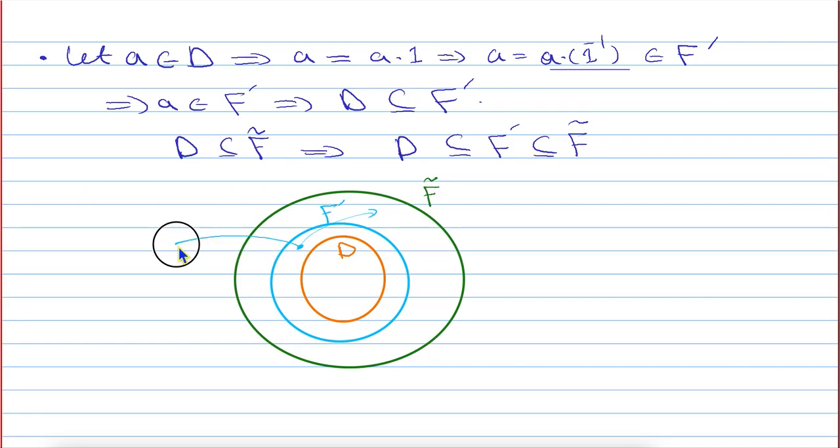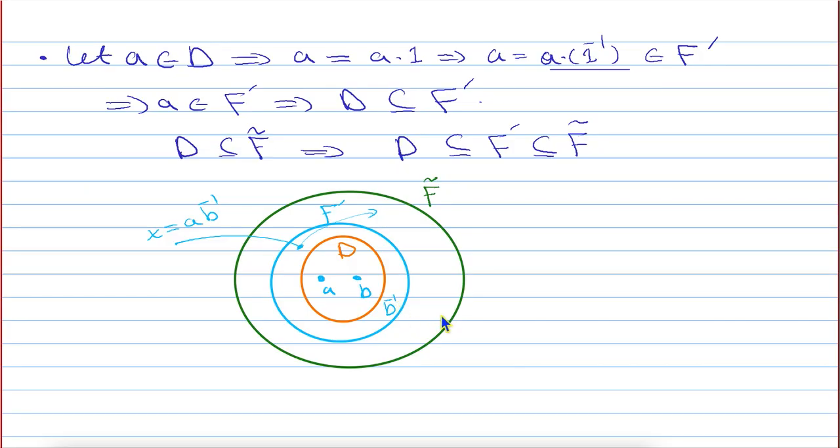Any such element x has the form AB inverse, where A and B are elements of D. But B inverse does not have to be an element of D, because D is only an integral domain, not necessarily a subfield, and D is viewed just as a subring of F. So B inverse can be outside D.